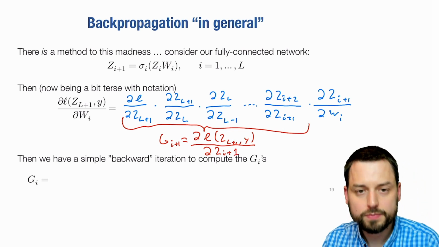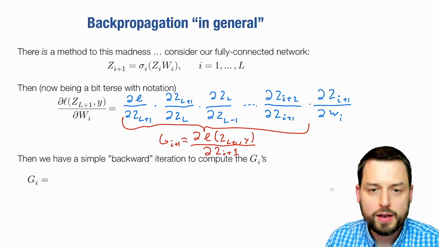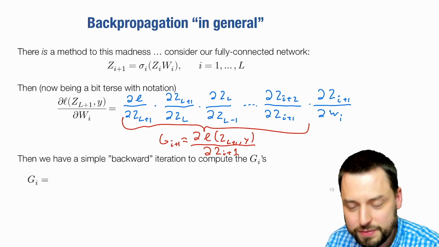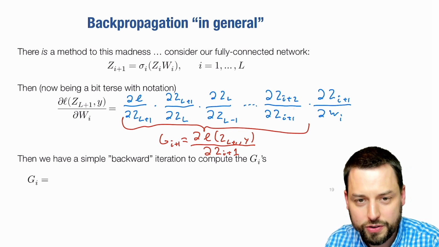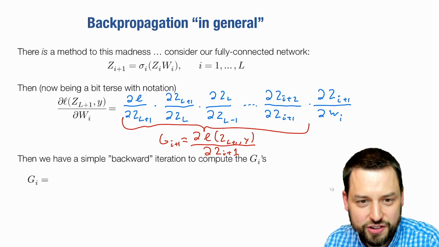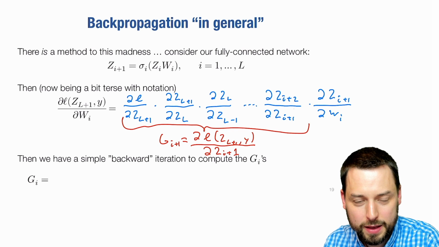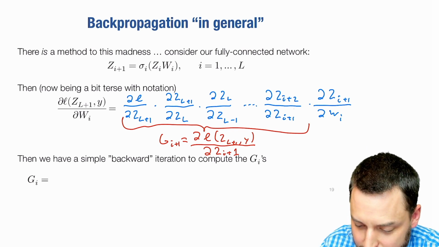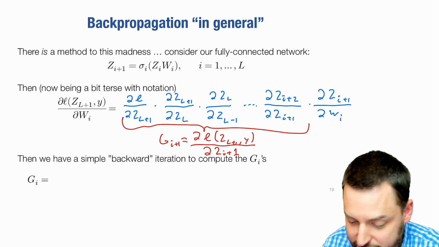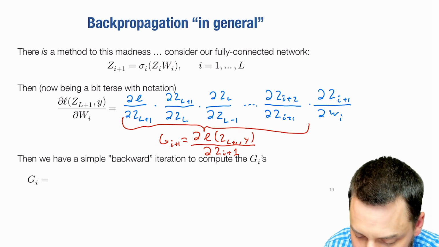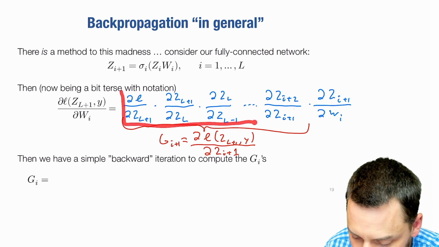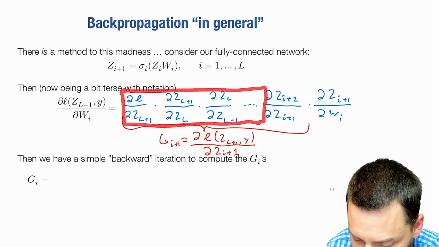And the really interesting thing here is that there's a very simple relationship between the different GIs. Because if I had, say, GI plus 2, I didn't write the terms here, but basically GI plus 2 would involve all the terms up to this one.